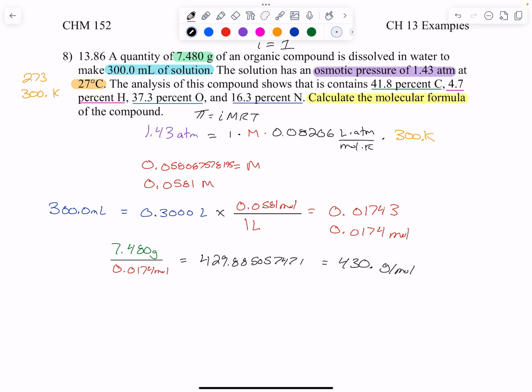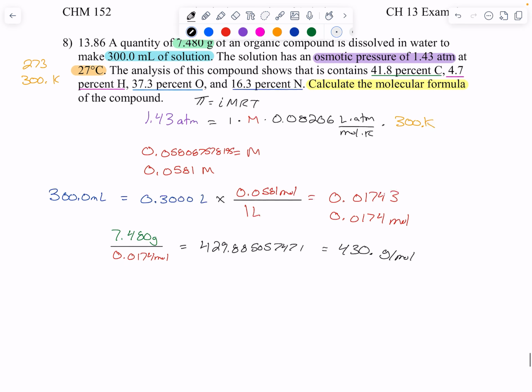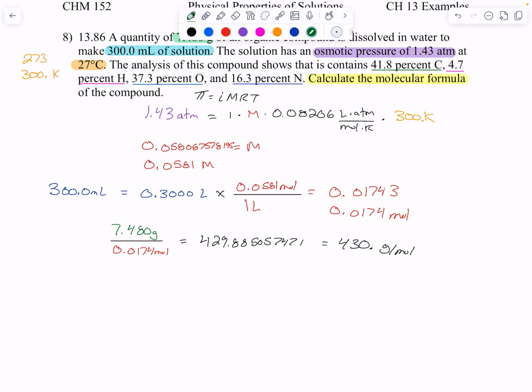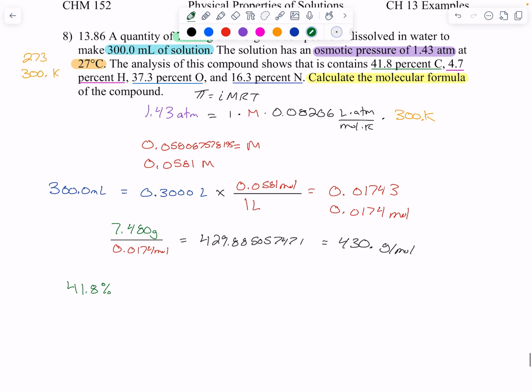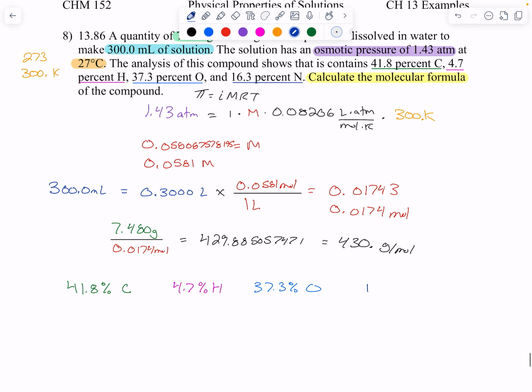Wow. Okay. Now, this other stuff's old, right? We know we have 41.8% carbon, 4.7% H, 37.3% oxygen, and 16.3% nitrogen.